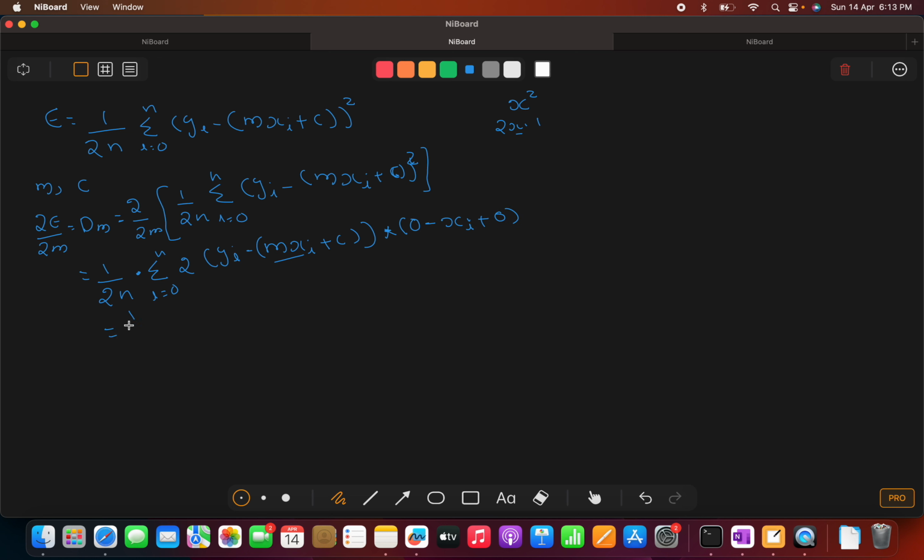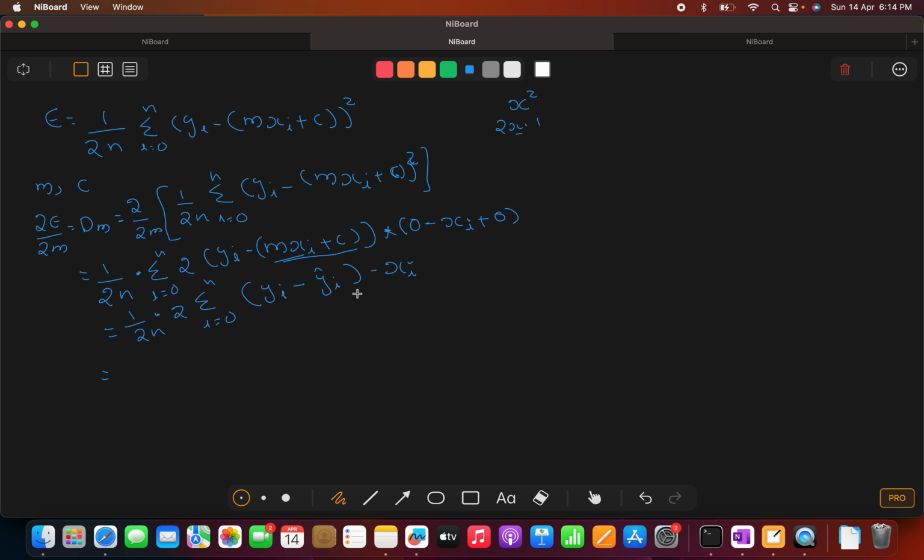So finally this will be 1 by 2n. Okay, I can take this 2 outside, then sigma i is equal to 0 to n. Here yi minus, this I am going to call as y hat i. This term is the predicted value, for simplicity. Then here I have a minus x of i.